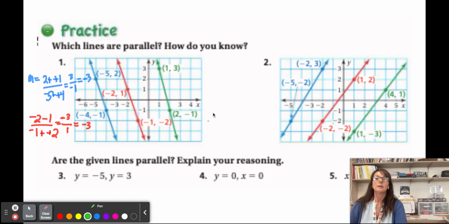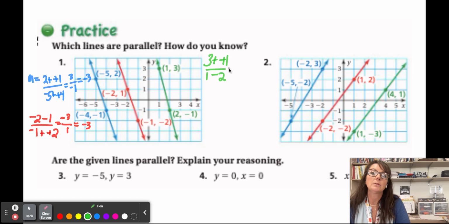And finally, the green line, which has points 1,3 and 2,-1, I can calculate the slope, and I'm just going to start here for a change. 3 minus -1 over 1 minus 2. So 3 plus 1 is going to be 4. 1 minus 2 is -1. So this is -4.